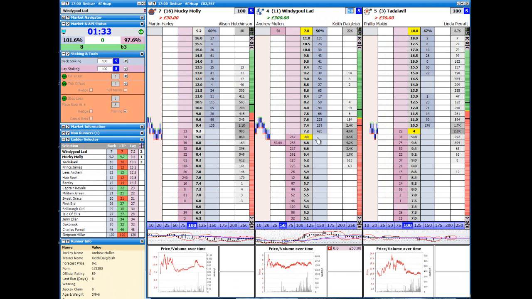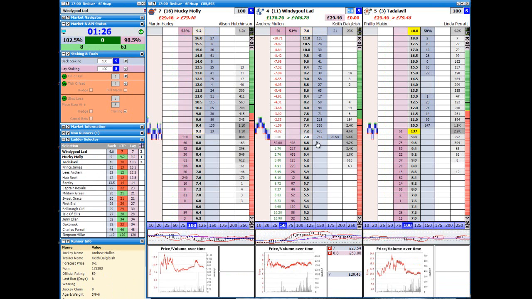Now you can see the advantage of being first in the queue. So, end of that race, we made what it was, about £3.50, £4 again. So that's all we're doing, just trying to pick up these small amounts, low risk.